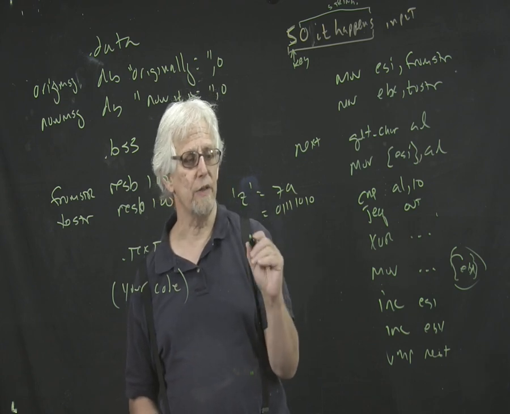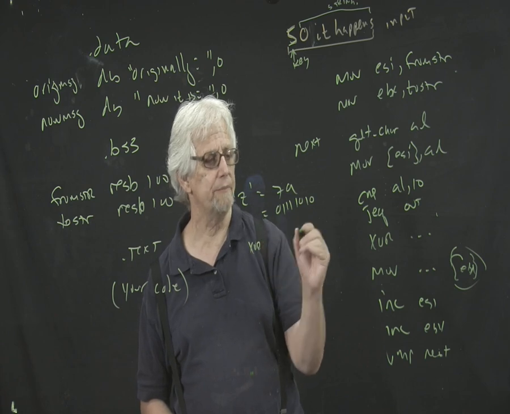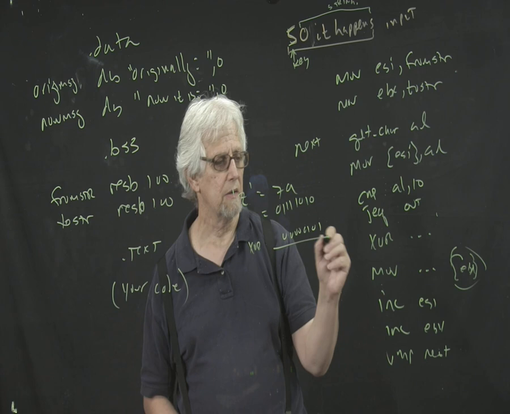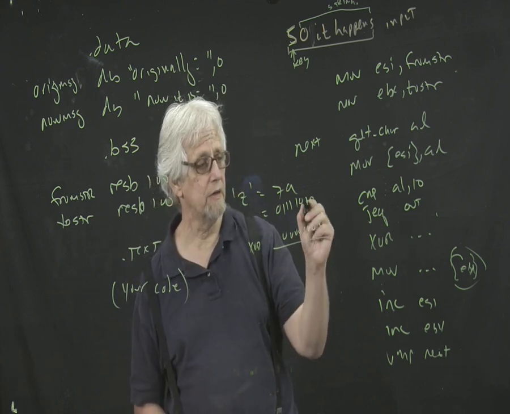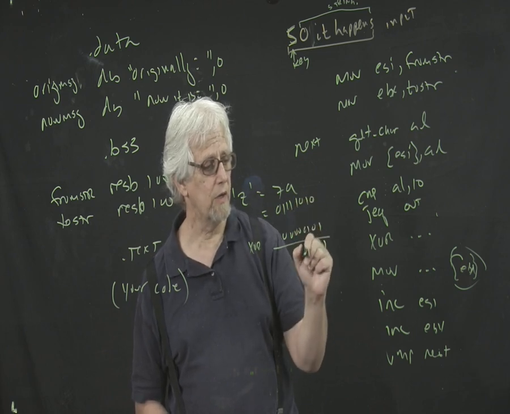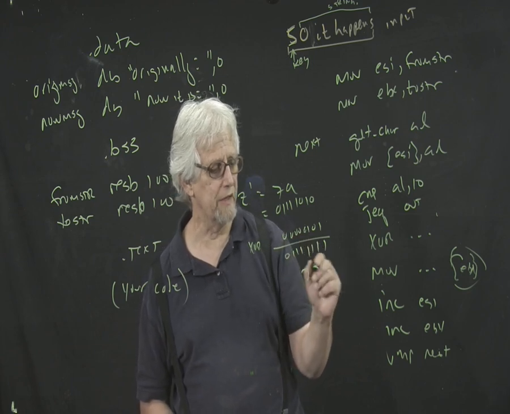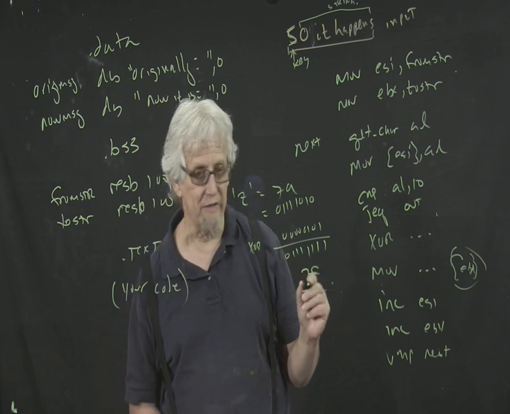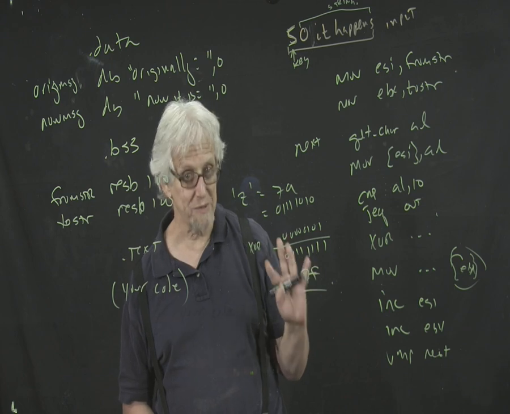And now if we XOR that with a 5, what do we get? 0 XOR 1 is 1, 1 XOR 0 is 1, 1, 1, and then 1, 1, 1, which is 7F. If you look in your ASCII table, you'll discover that 7F is a delete character.